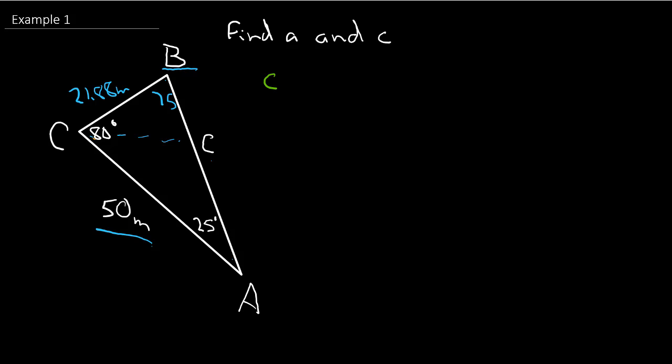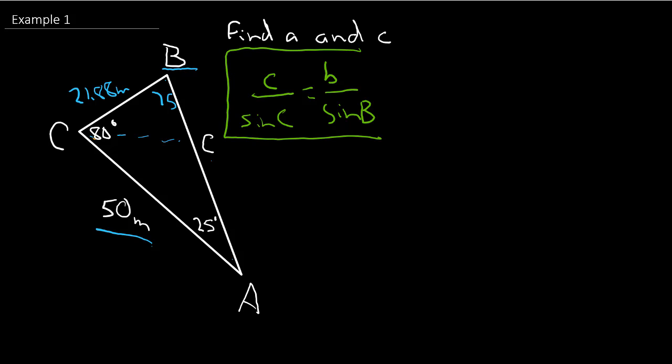All right, so I'm going to use the formula. I'm trying to find C this time, so this is going to be C over sine of C equals B over sine of B. So you see, we don't have to use a whole formula every single time.